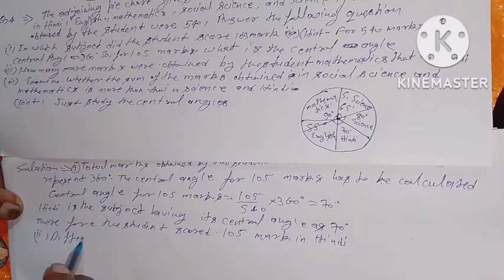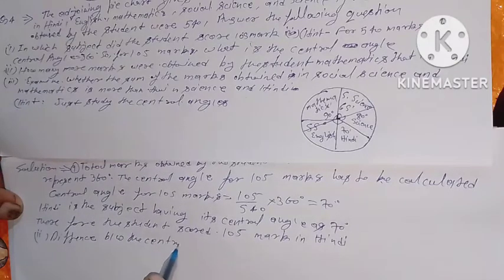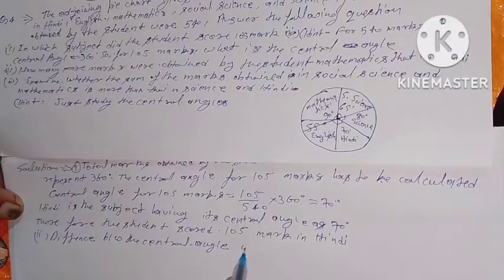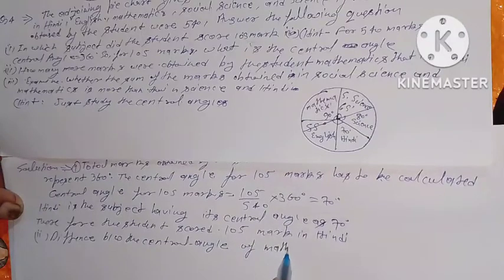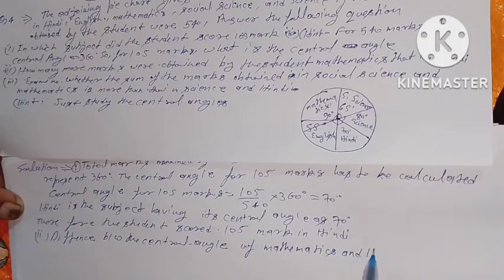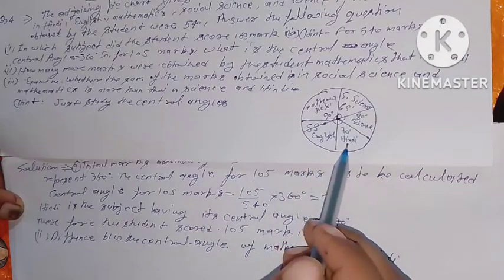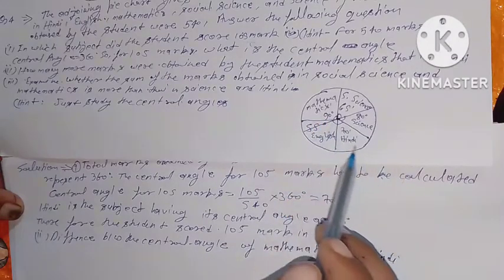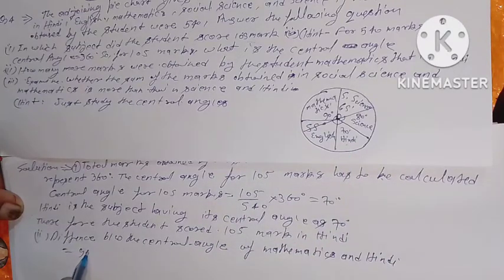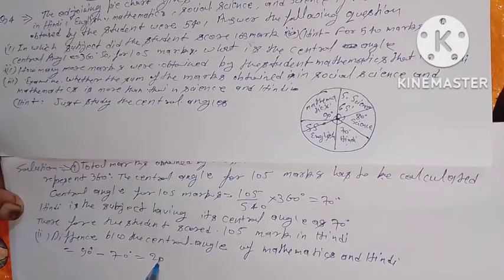In mathematics 90 degree and Hindi 70 degree. Then 90 degree minus 70 degree equal to 20 degree.